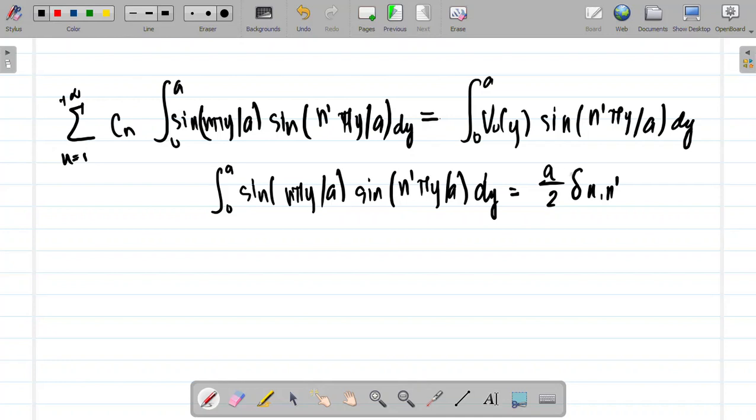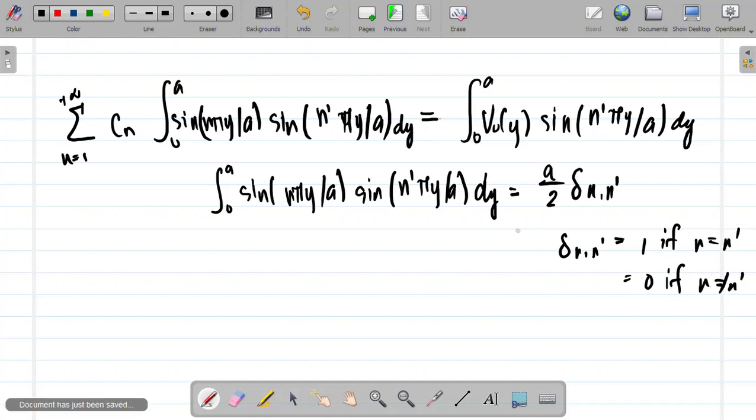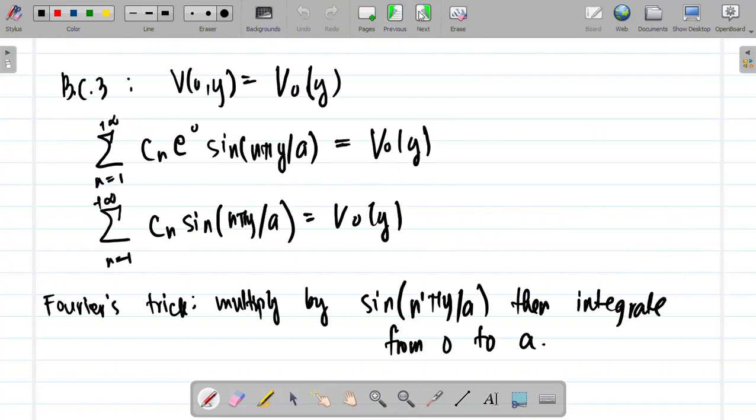So, yung Kronecker delta is 1 if n equals n prime, 0 if n is not equal to n prime. Okay, so now, tingnan ko nga ulit yung ano natin kanina.